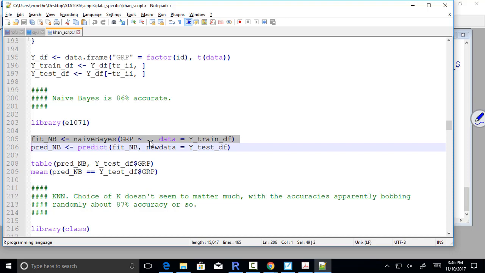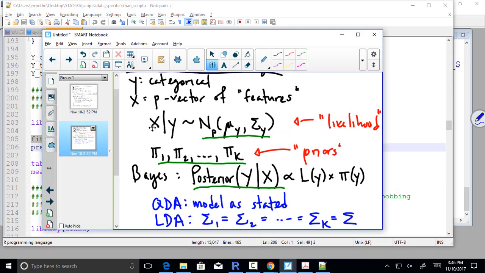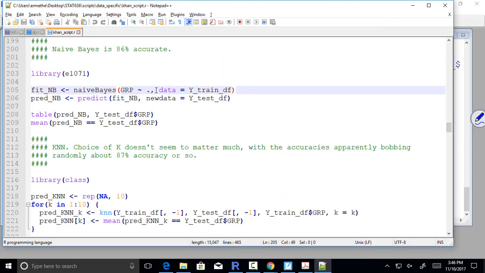So it's saying that the distribution of my training data given a particular class is a 2,308 dimensional multivariate normal. And there's a separate mean vector for each of the four classes.